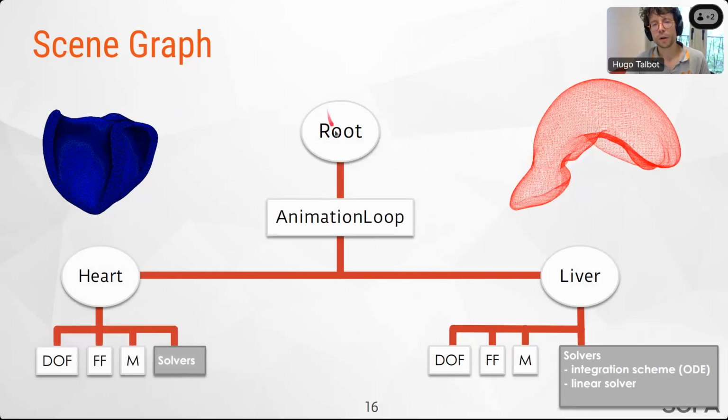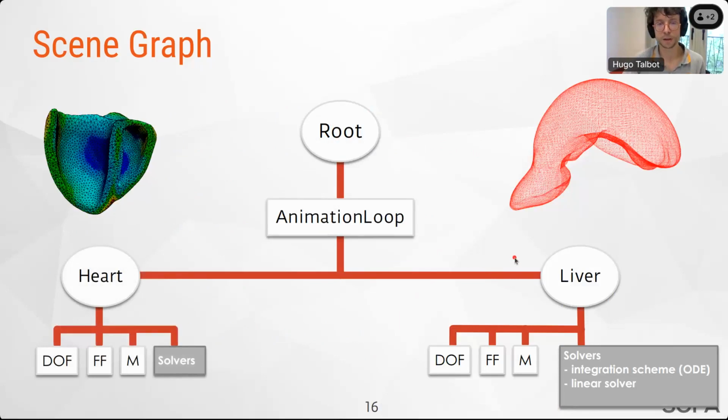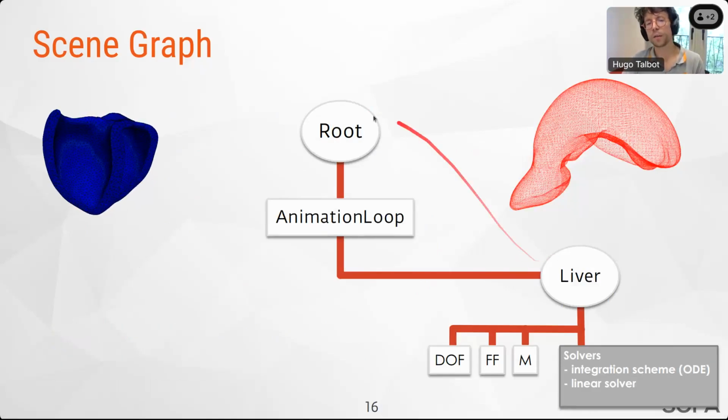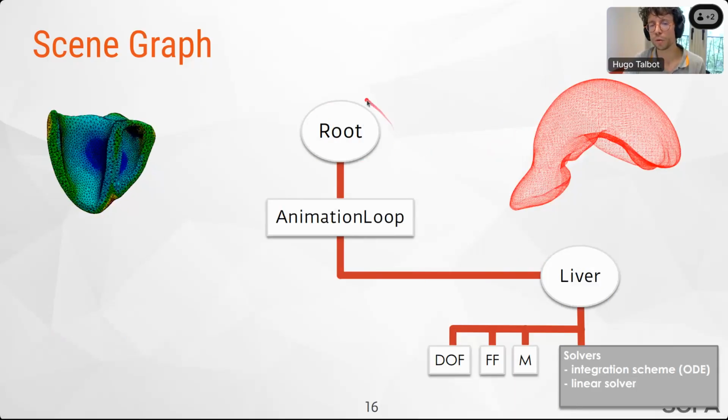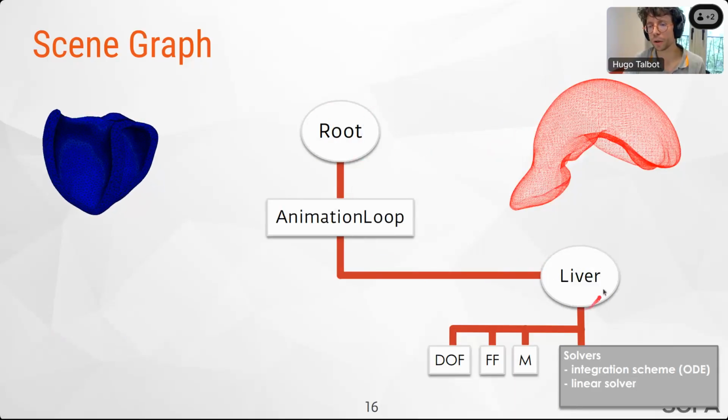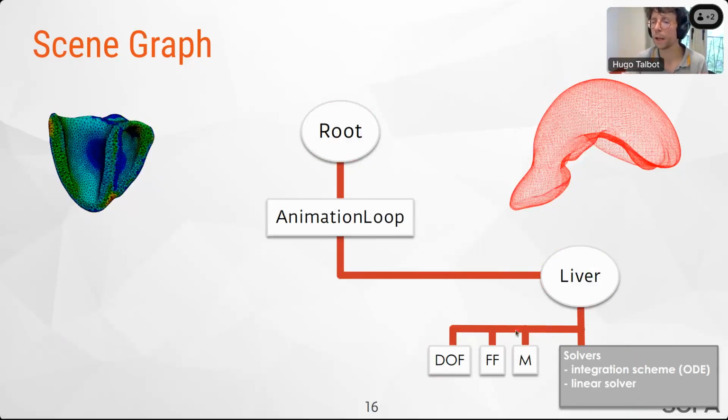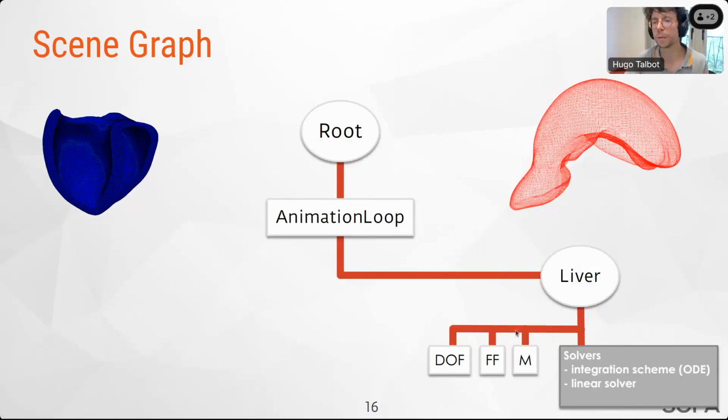So we have this scene graph looking like that here. If we have an object like here, the lever, you'll have the root node, and we have one subnode. And inside this subnode, we'll have a set of components describing the mechanics, the properties of the object lever.